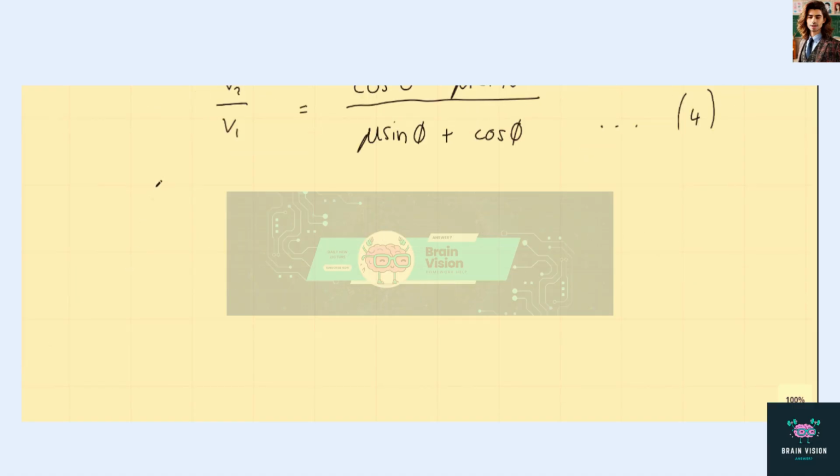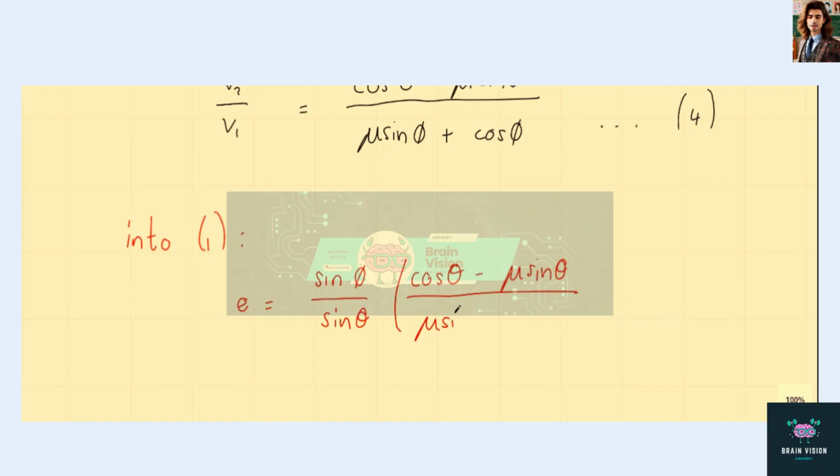So if we substitute equation number 4 into equation 1, remember for our coefficient of restitution, we get that e is equal to sine phi over sine theta times this value for v2 over v1, which is cosine theta minus mu sine theta over mu sine phi plus cosine phi.